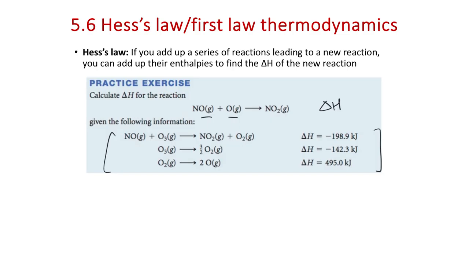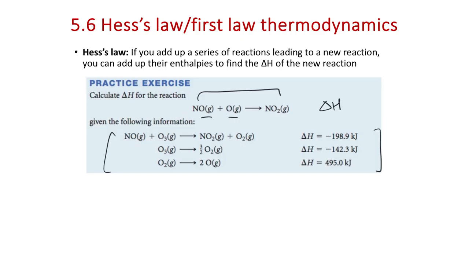So if we know those, can we rearrange those reactions such that they add up to this desired reaction? If I just add the 3 reactions up as is, it doesn't quite work. It would be NO plus 2 O3 plus O2 going to a set of products where nothing balances out to our desired reaction. So I need to flip or manipulate the coefficients by some ratio relative to each other such that they add up to our desired reaction.